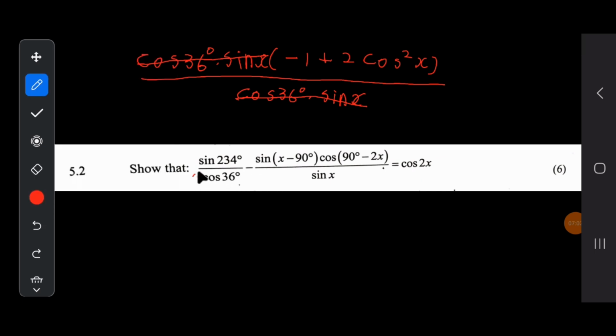Because if you noticed, we cancelled. So that means at the top here, we were fighting by all means to get something which is the same as what is at the bottom, so that they can cancel, and as they cancel, we are left with what we needed. So that's my advice to you. Just know that your main target, if you have fractions, is that at the end, you're supposed to produce something which is the same as the denominator at the top.